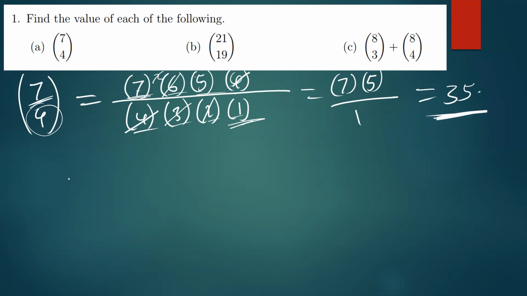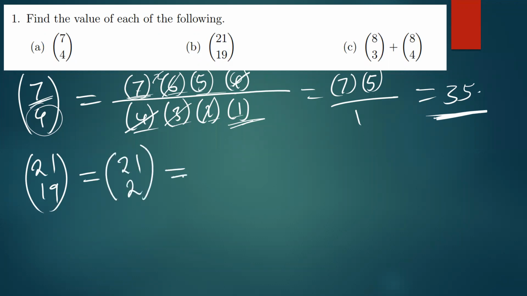So 7 times 5 gives us 35. Same applies to 21 choose 19 there. Like I said, we first have to change this. This will be 21 choose 2. So we start with writing what is down there. 2 factorial is just the same as 2 times 1. So now, since on the denominator there, we have 2 numbers, the numerator should also have 2 numbers.